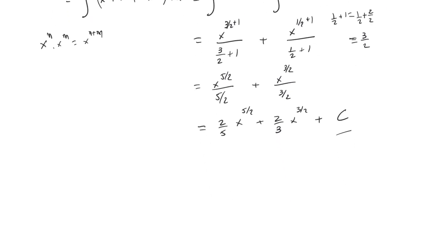The derivative of this function will be 5 halves multiplied by 2/5, which will be 1, raised to the power x. I'm just checking now if I did it right. How will I check it? I will take the derivative of 2/5 x to the power 5 divided by 2 plus 2/3 x to the power 3/2 plus c.